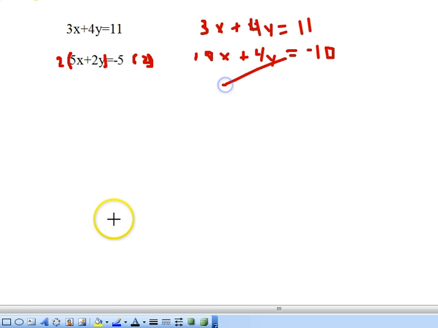Okay, and so then for this, we can use the subtraction method because we want to eliminate the y variable here. And if we do 4y minus 4y, we'll get 0. So we'll use the subtraction method on both sides.